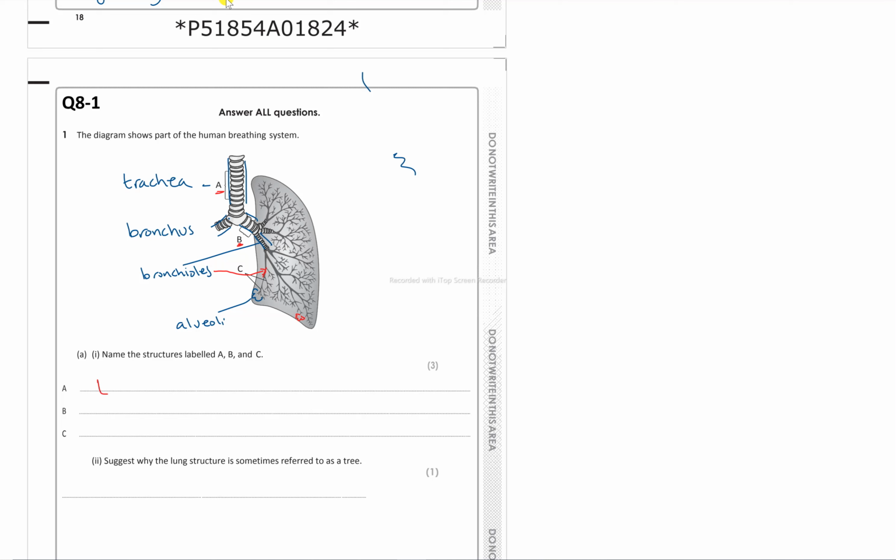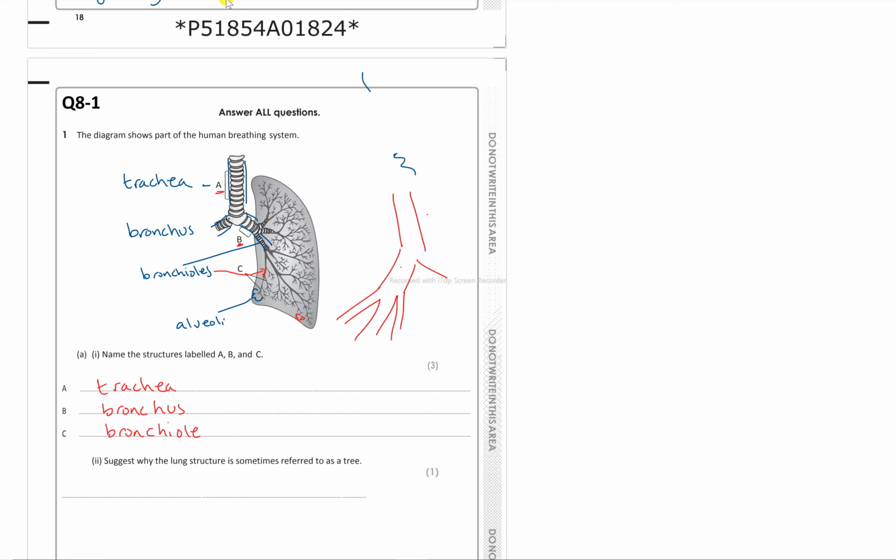Okay, so A will be trachea, then you've got bronchus or bronchi, and then bronchioles. So it starts from a big one, it splits up into small ones, and they split up into smaller ones, and those are the bronchioles. So trachea, bronchus, bronchioles.